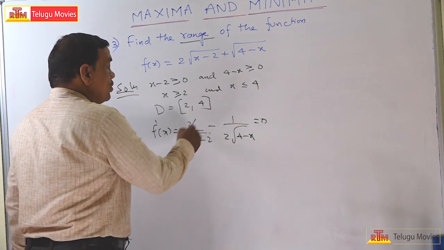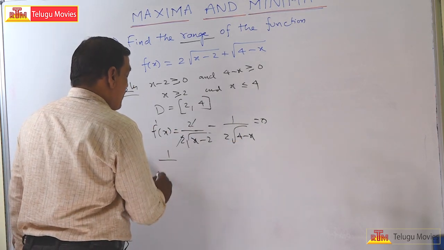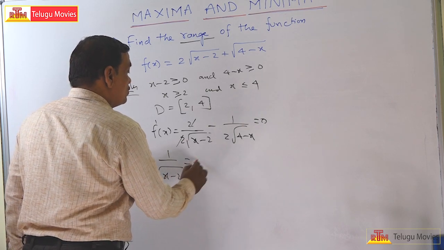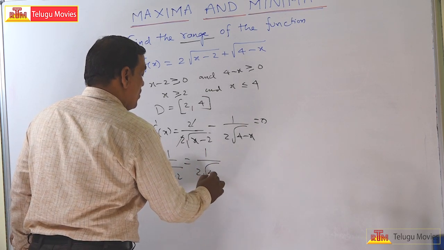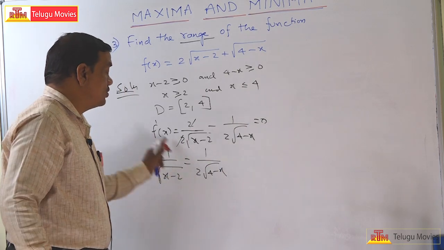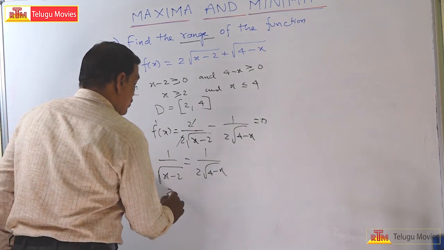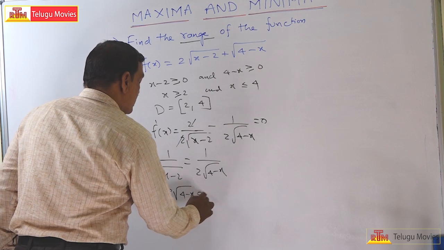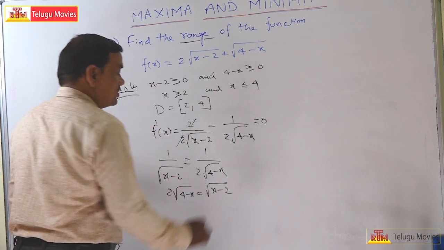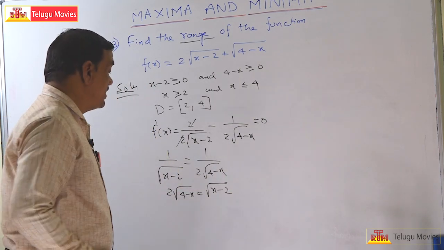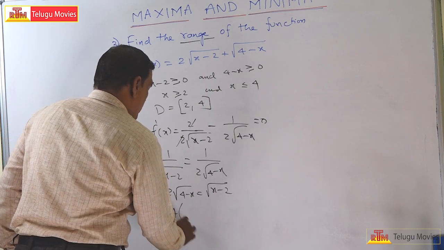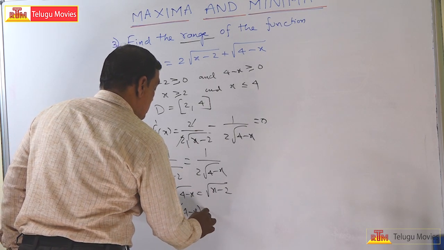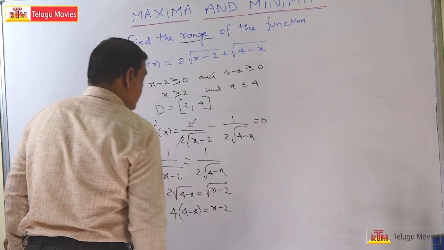Now 2 will get cancelled. 1 upon root of x minus 2 is equal to 1 by 2 root of 4 minus x. So take cross multiplication: 2 times root of 4 minus x is equal to root of x minus 2. Squaring on both sides, 4 into (4 minus x) is equal to x minus 2.